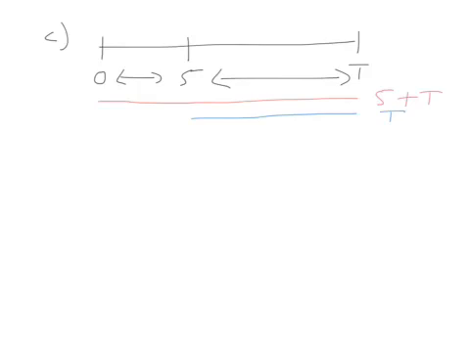So the total amount, which we're told is 7.5, consists of the first dose and the second dose. Well, the first dose is 15 multiplied by e to the minus 0.2 times (5 plus t). And then we've got to add on the second dose, so that's 15 again, e to the minus 0.2, and the second dose has only been going for t hours, so therefore it's just that.